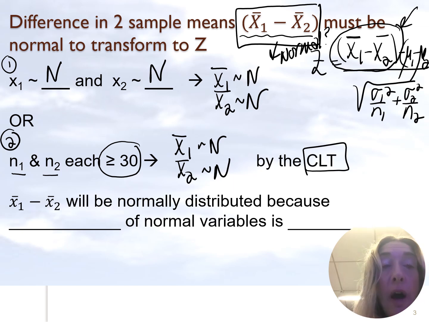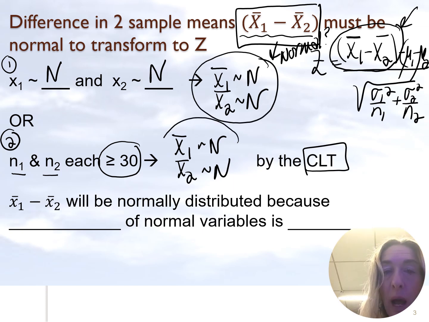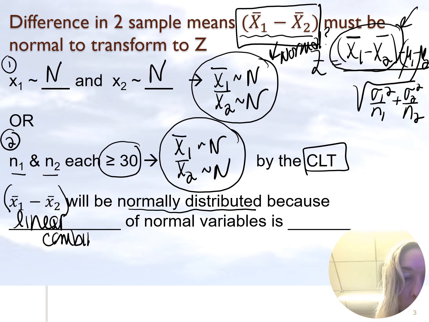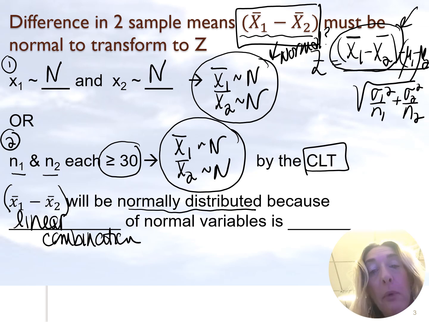If either one of these cases is true, then we know that the difference in the two averages will be normally distributed, because the linear combination of normally distributed random variables is also itself normally distributed.